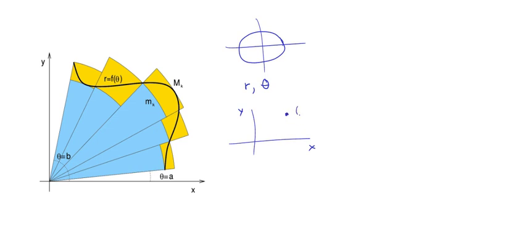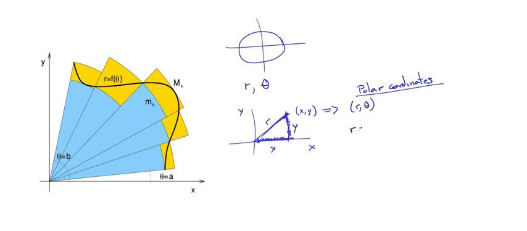So we have these Cartesian coordinates. Then we can rewrite this point x, y as the same point in what we call polar coordinates. These polar coordinates are the distance from this point to the origin, so this is r, and using Pythagoras' theorem, it's easy to see that if this is y and this is x, then r is just the square root of x squared plus y squared.